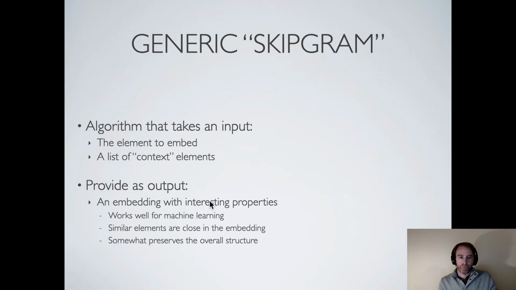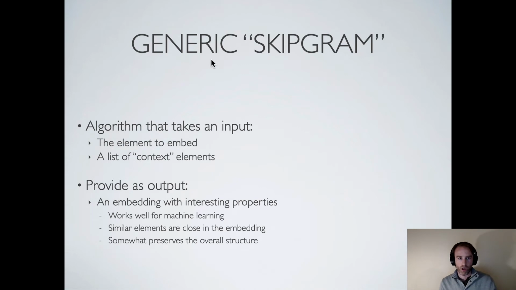Because it was so successful, the same mechanism was applied to many other different tasks, and this is possible because the skipgram algorithm, which is used here, with this principle of comparing an element to its context, is actually a generic algorithm that can be applied to other things.